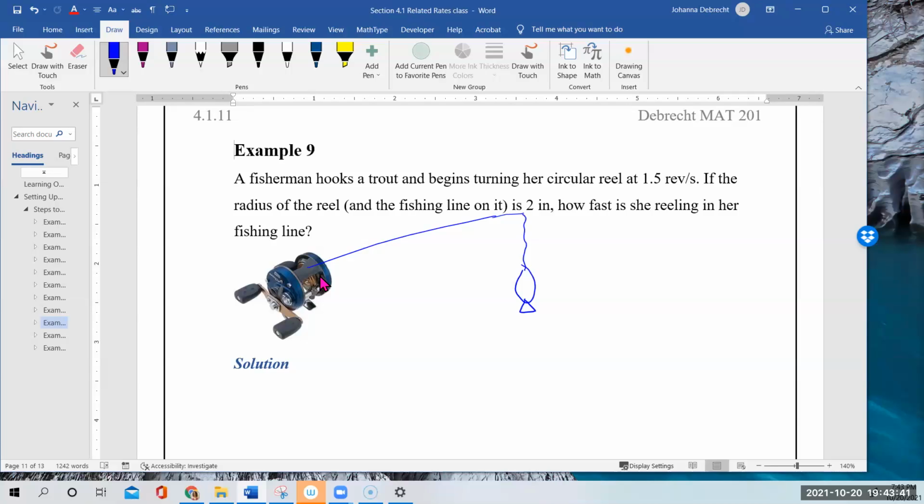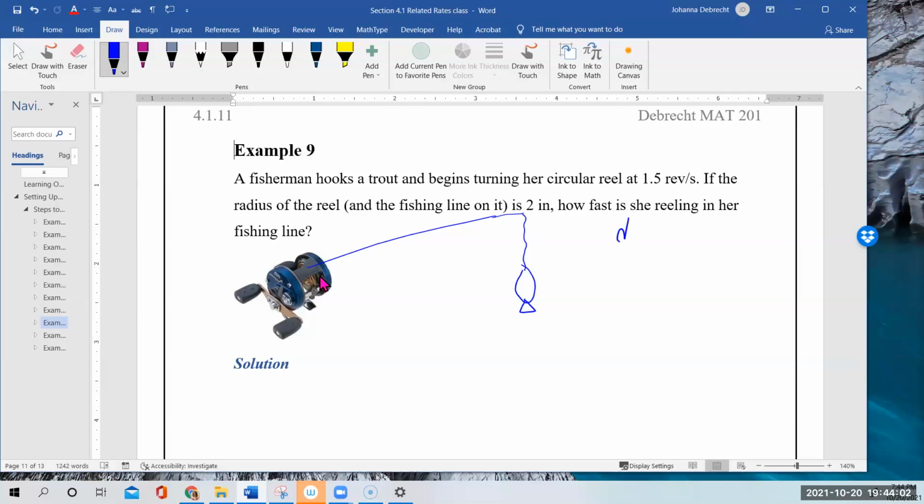her circular reel. In other words, the fishing line is coming up and winding around this cylinder-shaped reel at 1.5 revolutions per second. Well, that sounds like a rate of change to me. A rate of change of what? Revolutions per second.